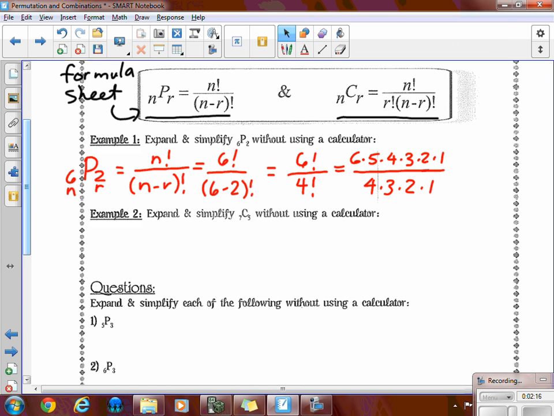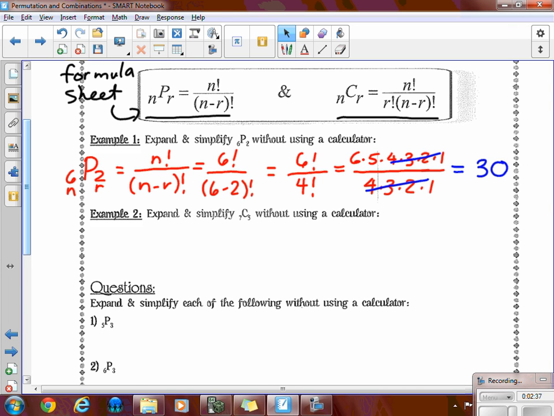And if we examine what we wrote there, the numerator and the denominator has a sequence of multiplications that are exactly the same. This and this would divide out to 1, simply leaving me with 6 times 5. So 6P2 is 30. Without using a calculator, we figured it out.